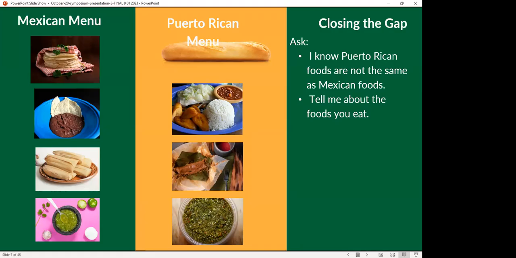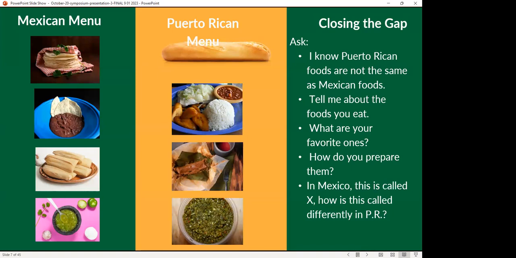Tell me about the foods that you eat. Another question is, what are your favorite ones? How do you prepare them? And in Mexico, this is called this. How is this called differently in Puerto Rico? And then, how do you prepare them? Tell me about the foods that you eat.